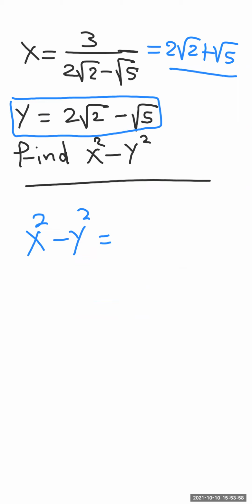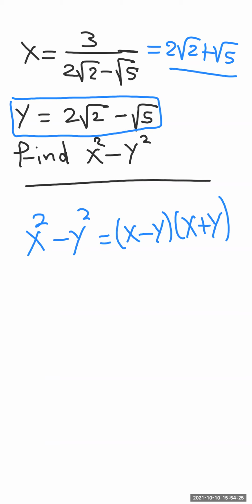But actually, there is a general form, guys. x² − y², do you remember? It's (x − y)(x + y), correct? Two brackets, the difference between them, and the sum in the middle. So it will equal the first squared minus the second squared. So (x − y)(x + y) equals x² − y².